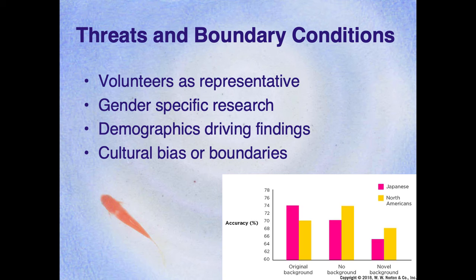If you're looking at this fish image, as they use in the book, North Americans versus Japanese individuals notice different things with different backgrounds. You can see those patterns exist culturally. Same thing with demographics: the gender or sex of the participant can dictate the response to things more so than what you predict is actually at play.